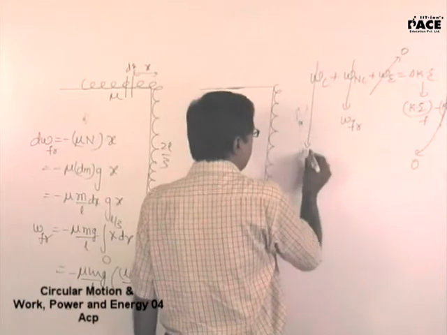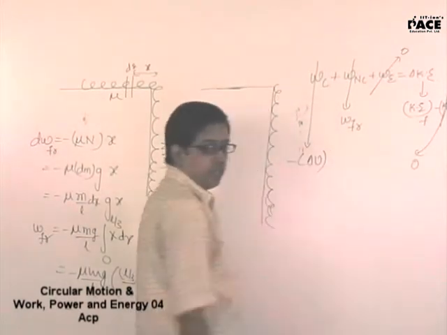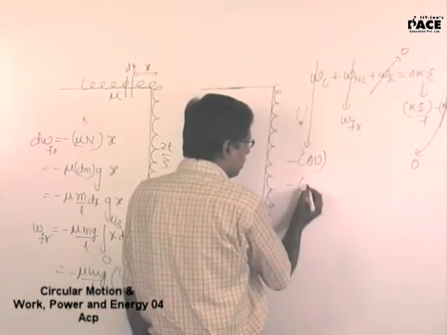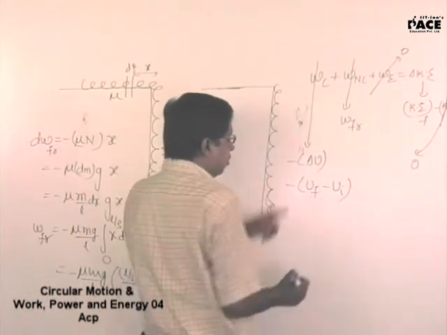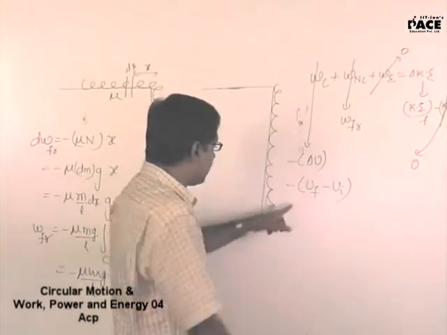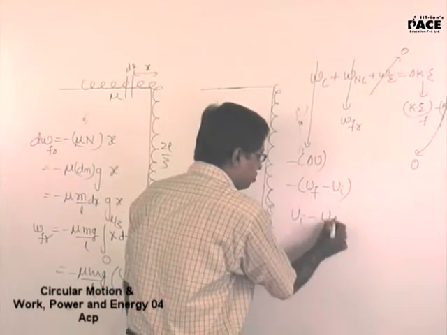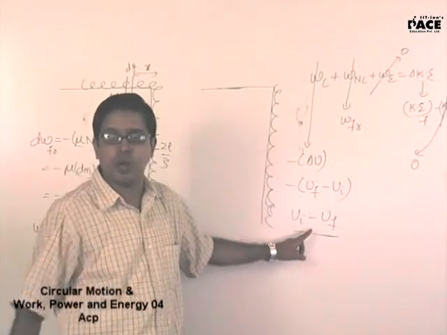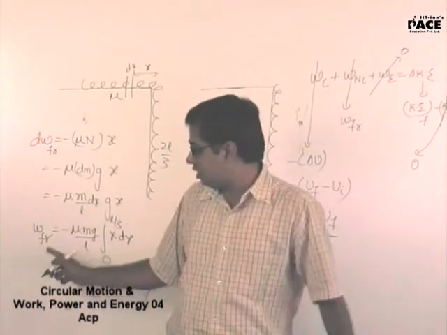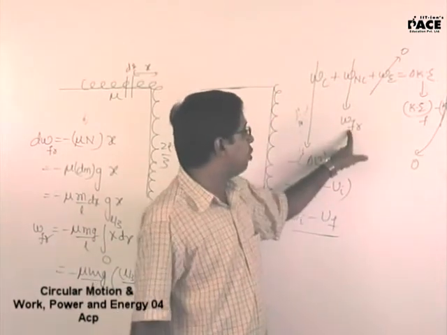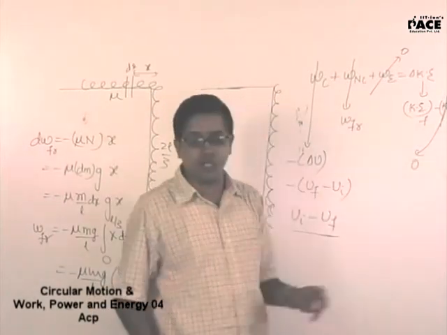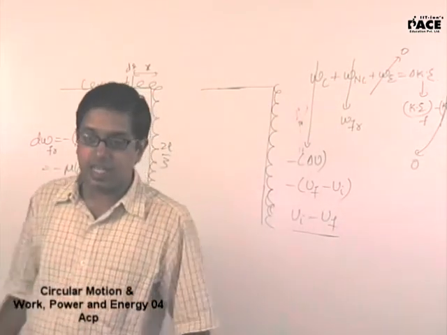Work done by conservative force is minus delta U, the negative of the potential energy change. Minus delta U means minus of U final minus U initial, which is U initial minus U final, which I calculated in the previous problem. Yes, sir. So that and the work done by friction with the negative sign as it is, add up both of them. You will get the change in kinetic energy, and the initial kinetic energy is 0, hence I will get the final kinetic energy.